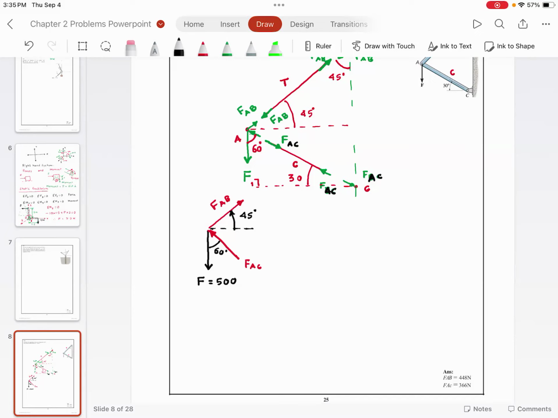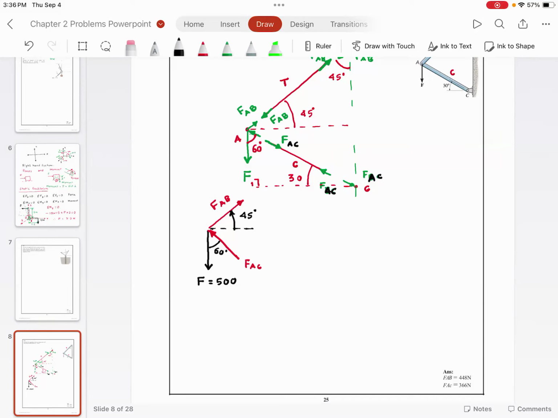Since this whole system is in static equilibrium, the summation of all the forces in the x direction is equal to 0. The summation of all the forces in the y direction is equal to 0. Everyone understood this?